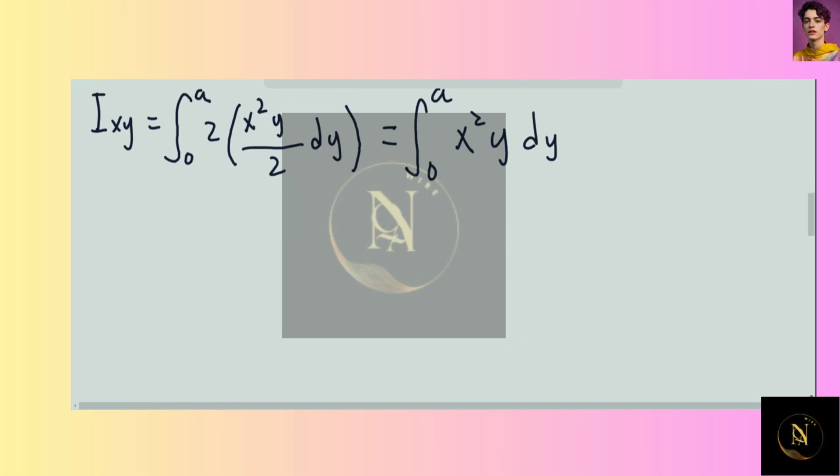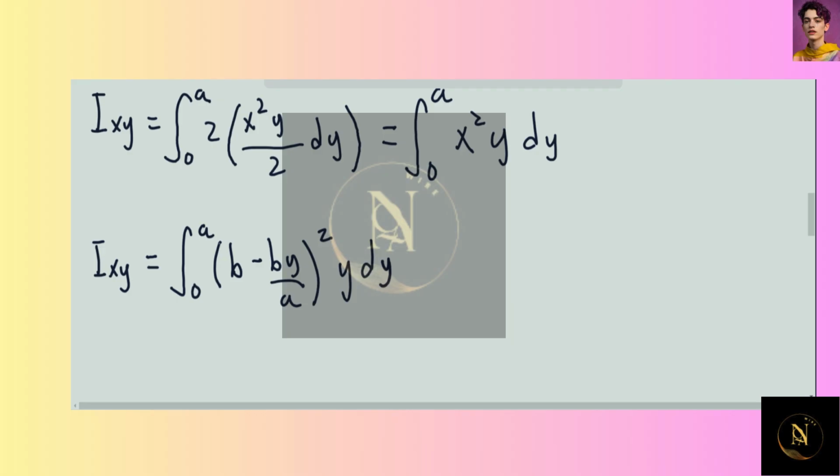So now I of xy is equal to the integral from 0 to a of b minus by divided by a, squared, times y times dy. And solving this integral will give us a value of 1 over 12 times a squared times b squared.